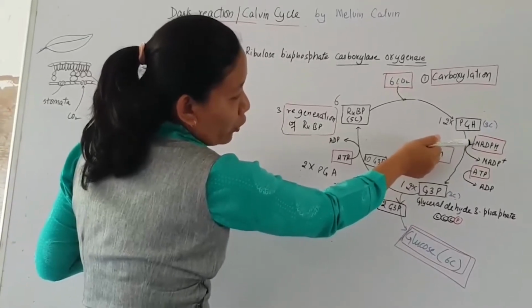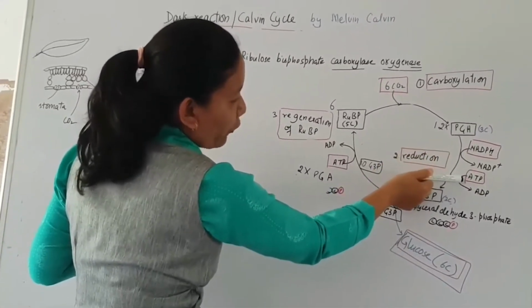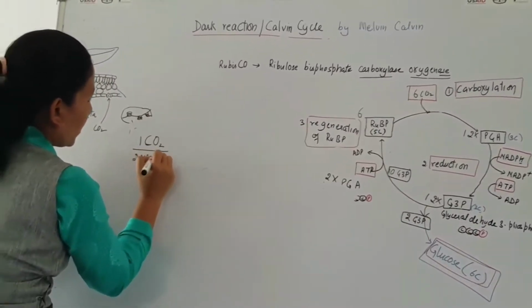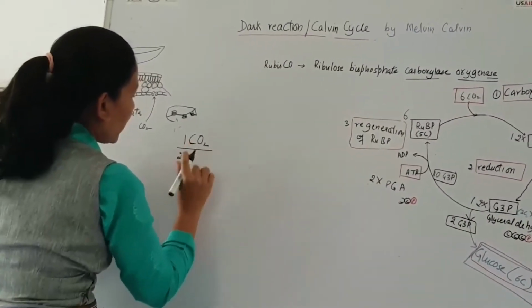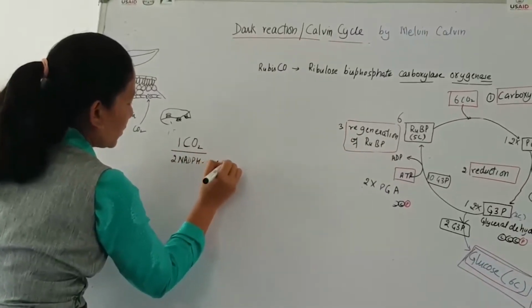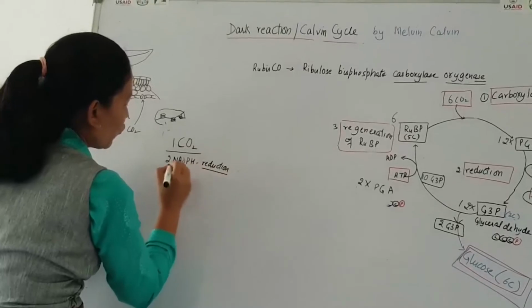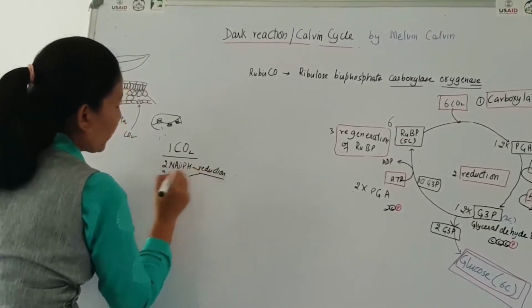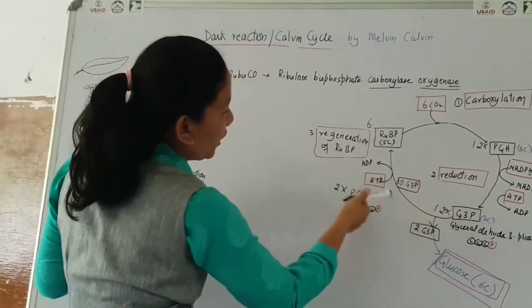So 2 molecules of NADPH and 2 molecules of ATP here. During the reduction process, 2 NADPH and 2 ATP are utilized, and then again come here.